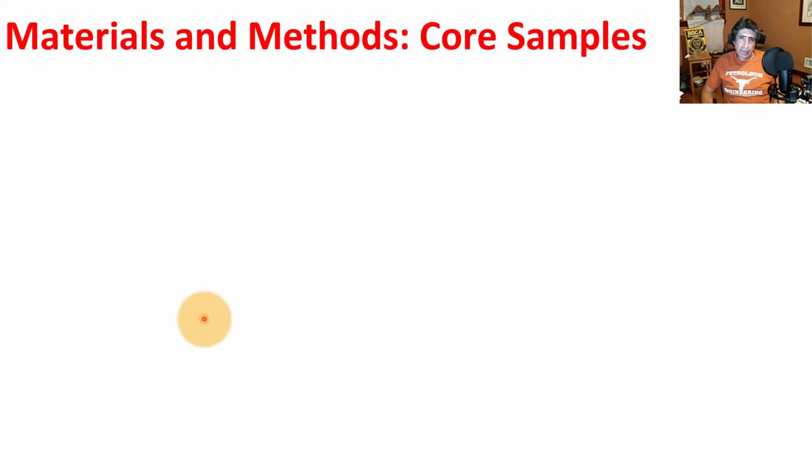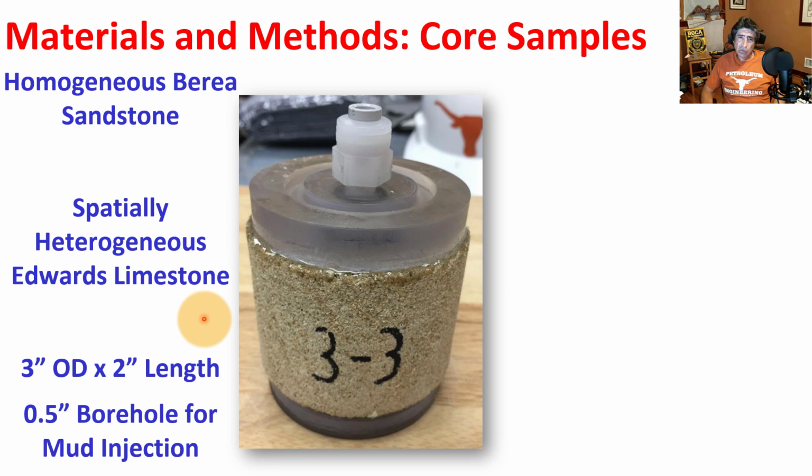Now, so that you know how these movies were built, this is how they were done. Colin Schroeder epoxied these cylindrical samples of rock with a hole in the center, and the fluids were forced to flow in the center, and he imposed a pressure gradient between the fluids that went inside this hole and the outside of the rock.